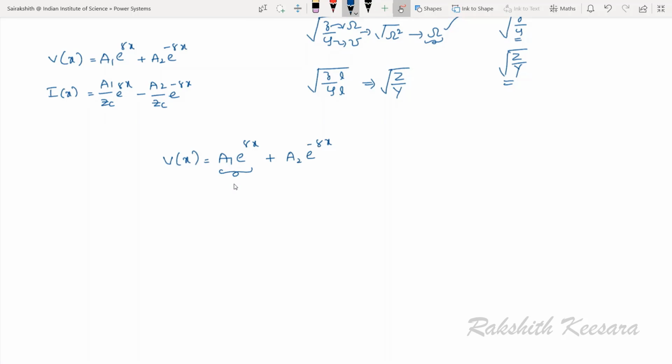If you observe this first term, let me denote this as 1 and this as 2. As x increases, the first term increases, and note that x is the distance from the receiving end.